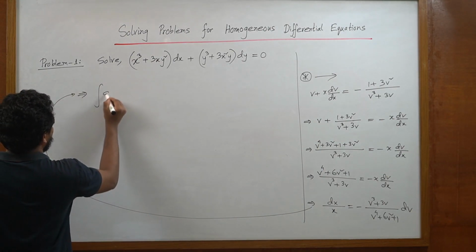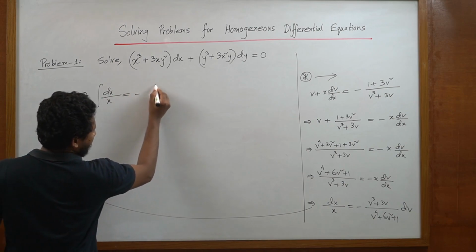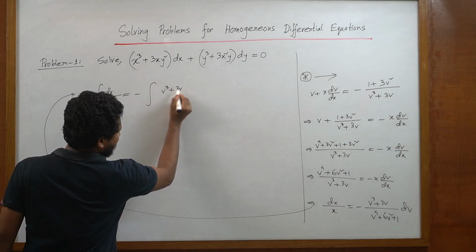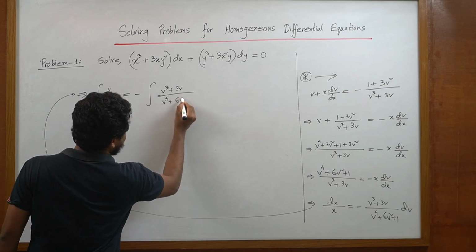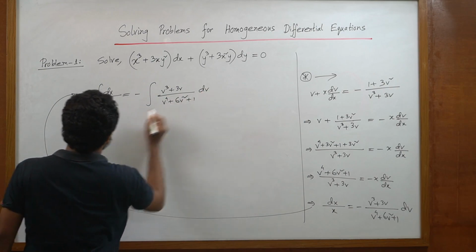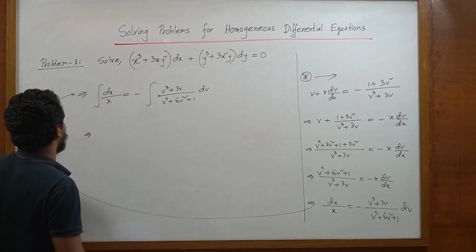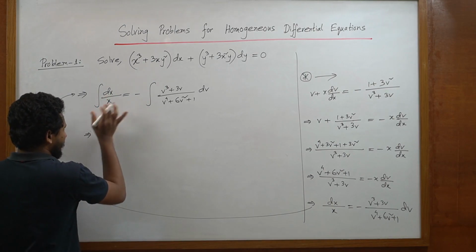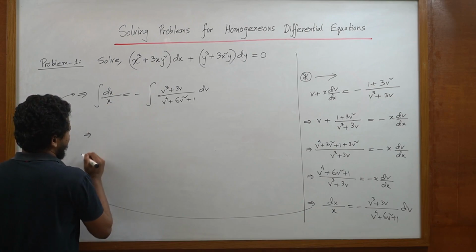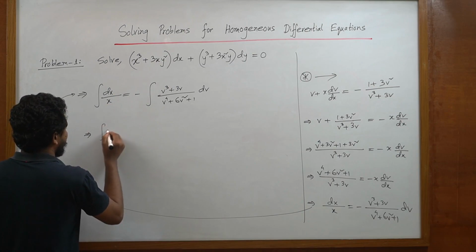Integrating on both the sides, the integral of (v³ + 3v)/(v⁴ + 6v² + 1) dv, and on the left the integral is ln x, or natural logarithm of x.